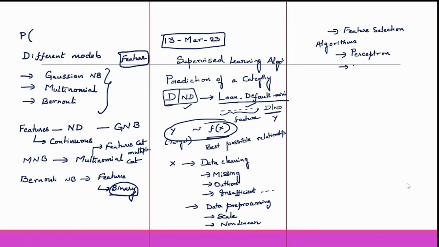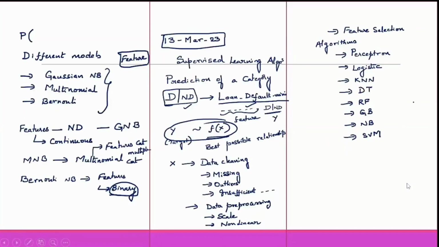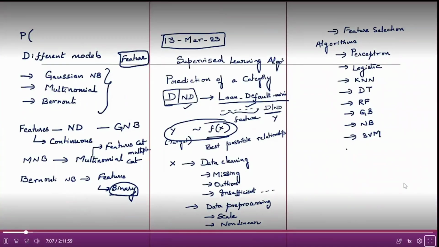Then we looked at logistic regression. Then we also moved towards other ways like KNN, decision trees, random forest, gradient boosting, naive Bayes, support vector machines. These are the various kinds of algorithms that we have looked at.